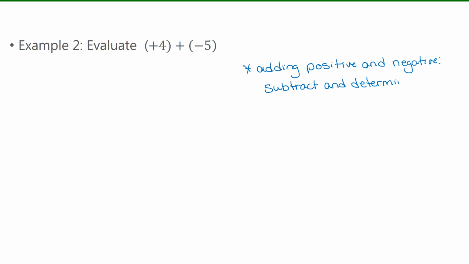We need to determine if there are more negatives or more positives. So subtract and determine if there are more negatives or positives. So 5 take away 4 is 1. Now if you look at the question, you see that you have 4 positives, 5 negatives. You have more negatives. The answer becomes negative 1.